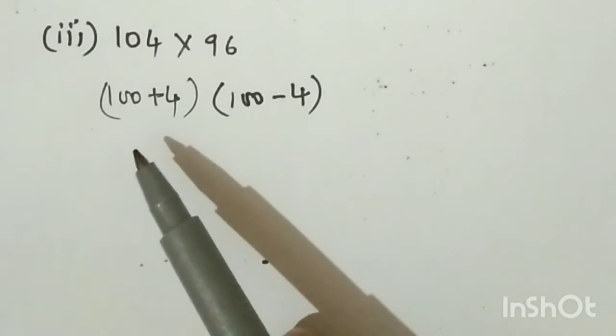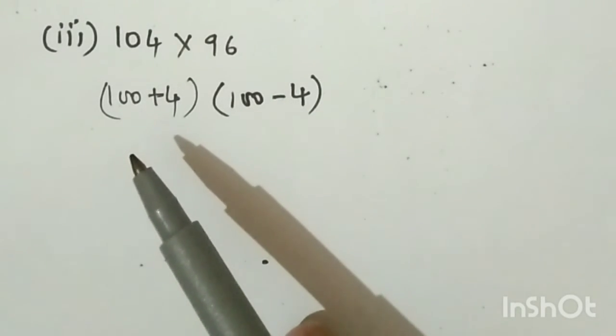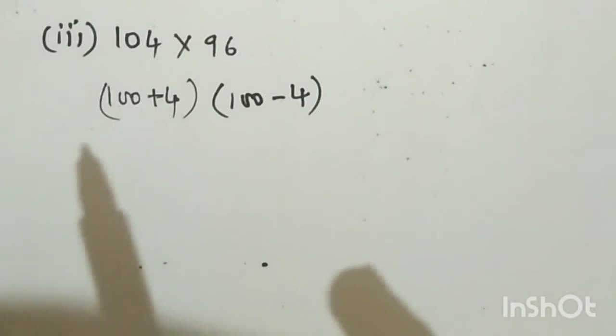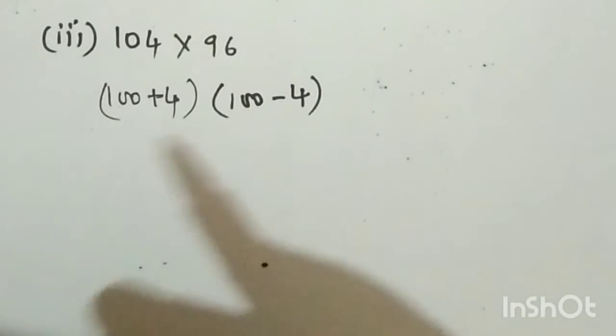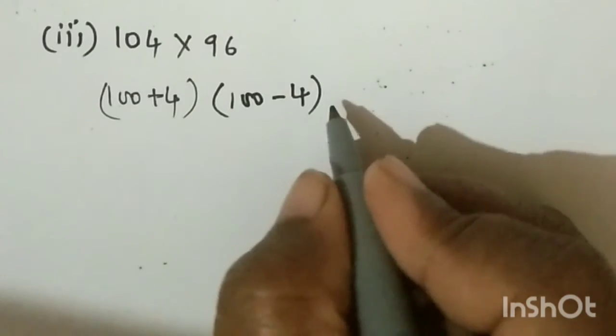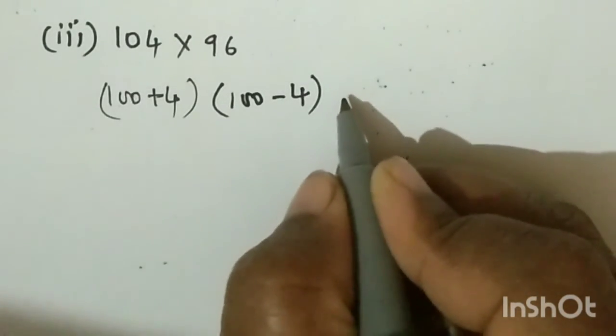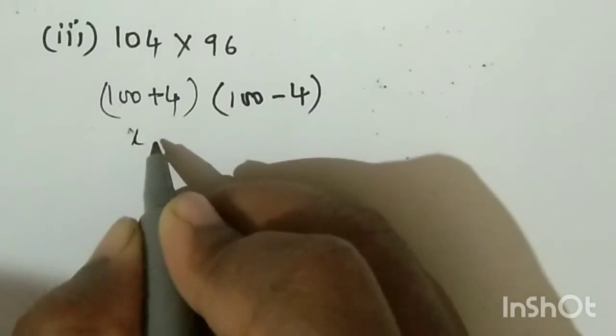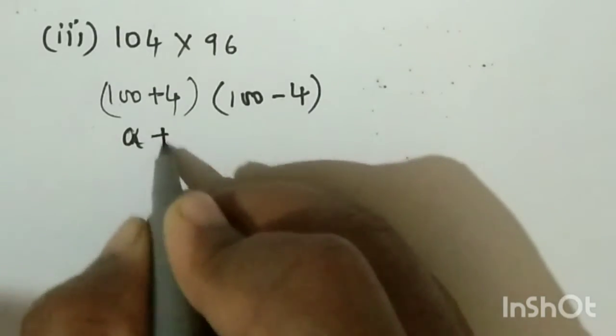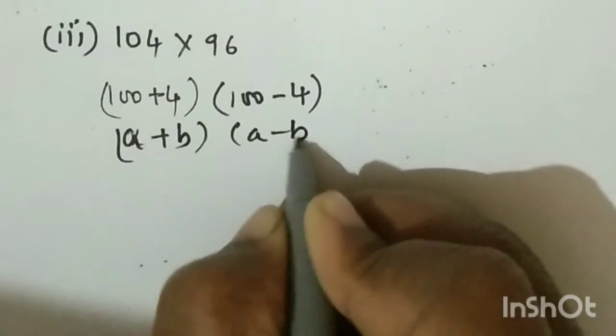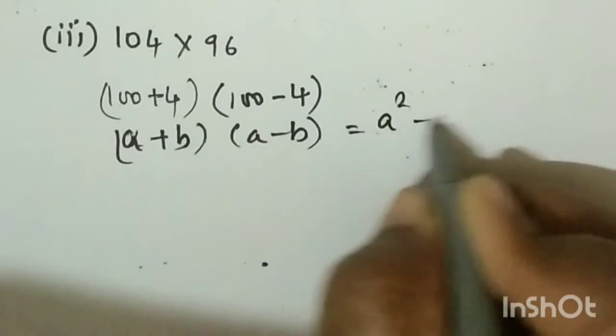So you may wonder which identity when to apply. See children, all this you can understand and apply only if you practice. At least 2 to 3 times you have to practice, only then you will get to know how to do it. So this is which identity? A plus b into a minus b, the easiest identity.